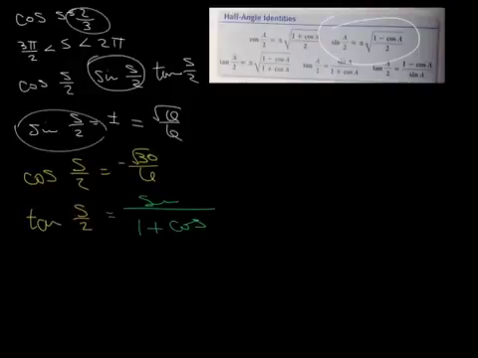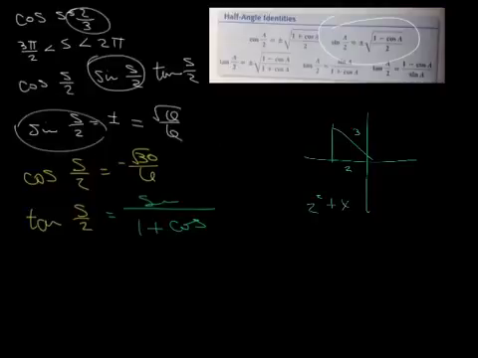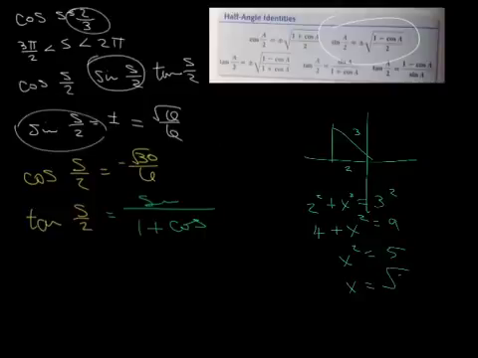The only thing that's a little bit tricky here is we don't know what the sine is. We do know cosine is adjacent over hypotenuse, but then we have to use Pythagorean to find out what our sine is, so that we can take the sine. So 4 plus x squared equals 9, x squared equals 5, so x equals the square root of 5. So this is the square root of 5.